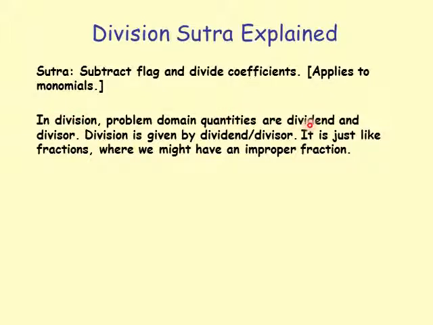Dividend and divisor are invariant. That's part of the problem domain. Division is given by dividend divided by divisor, and it's just like fractions where we might have an improper fraction. If you look at dividend divided by divisor, this might be an improper fraction.